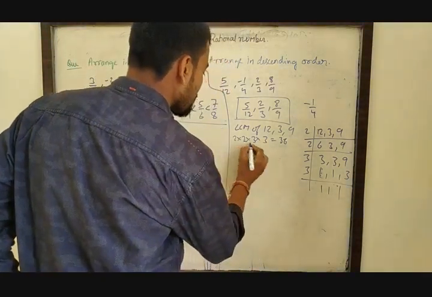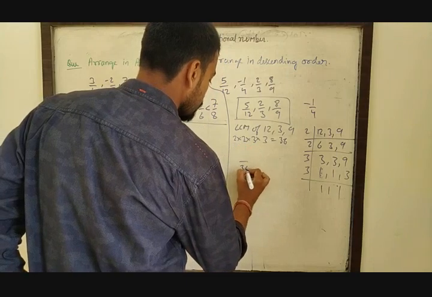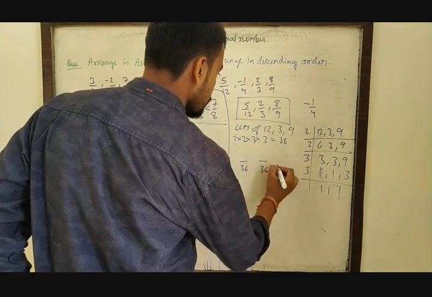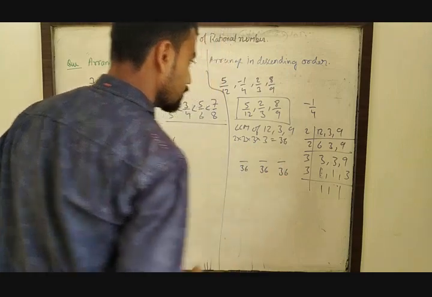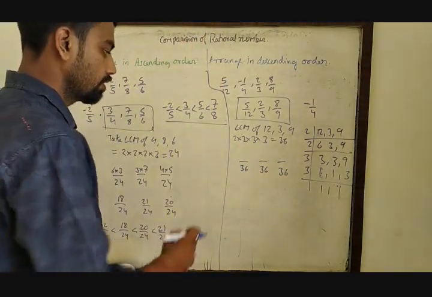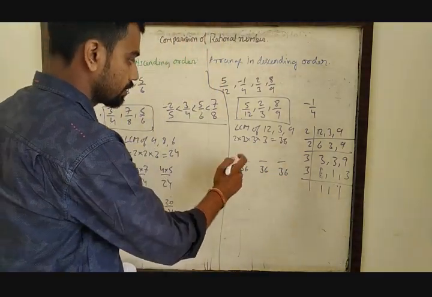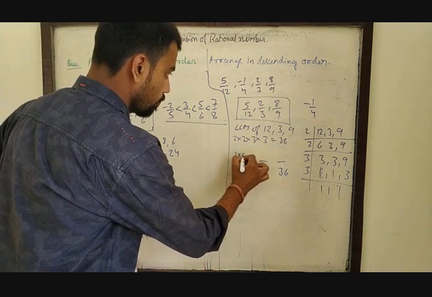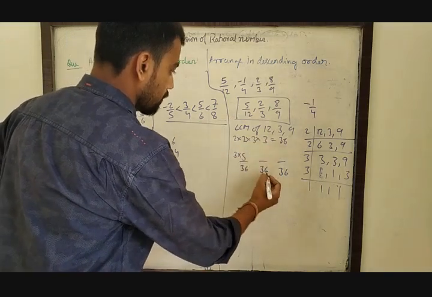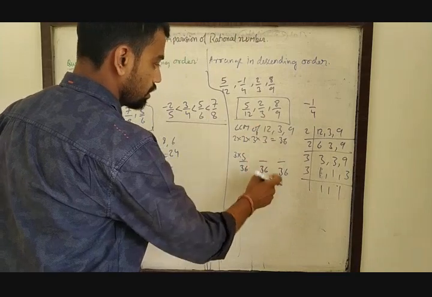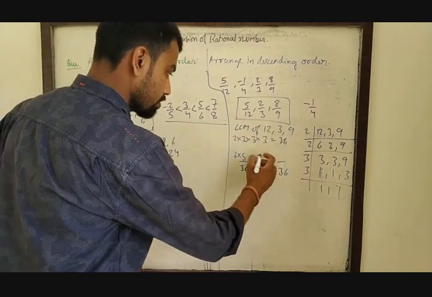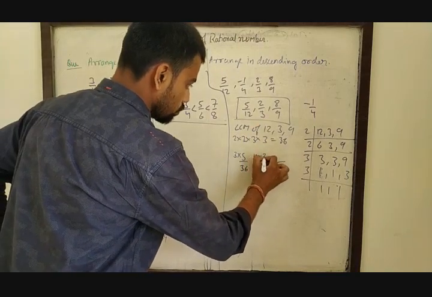Now all the denominators will be 36. 12 threes are 36, so 3 into 5. Then 12 into 2, because 3 twelves are 36.